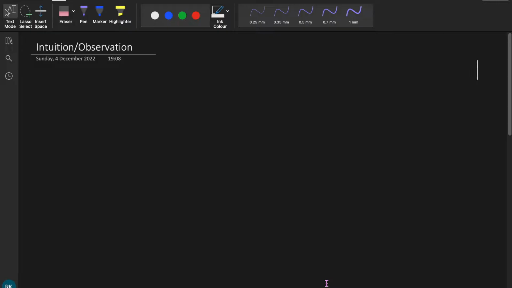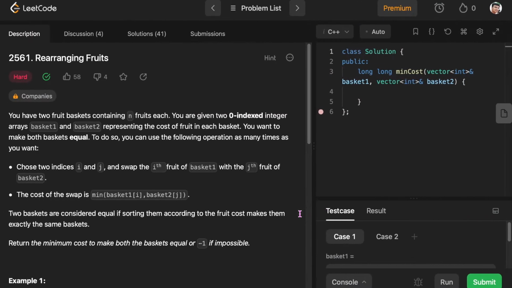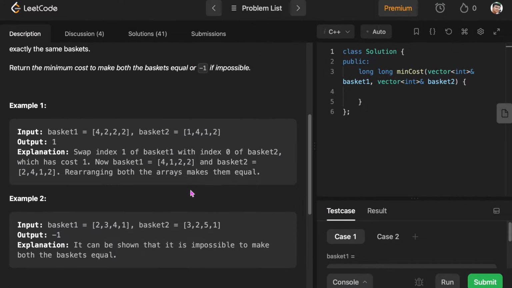So let's understand the observation behind this problem. One observation is very clear from the sample test cases, where the answer is -1. Why? Because if we see basket1 and basket2 here, the count of 4 in both baskets combined is just 1. So we can either keep 4 in basket1 or in basket2.